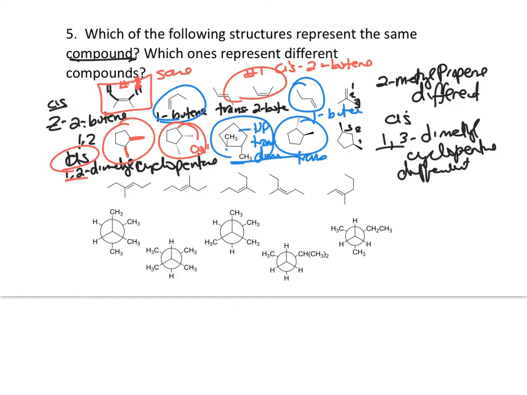The connectivity is different. Okay, so when you look at these compounds here, find your longest chain, including your double bond, and give it a name. So in this case, it would be 1, 2, 3, 3-methyl, 3, 4, 5, 6, 3-hexene.